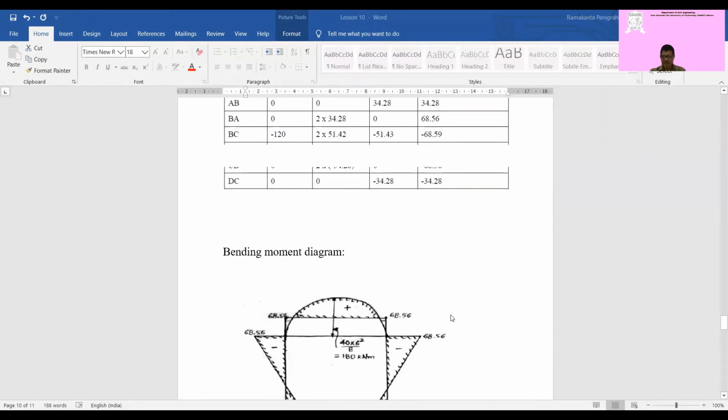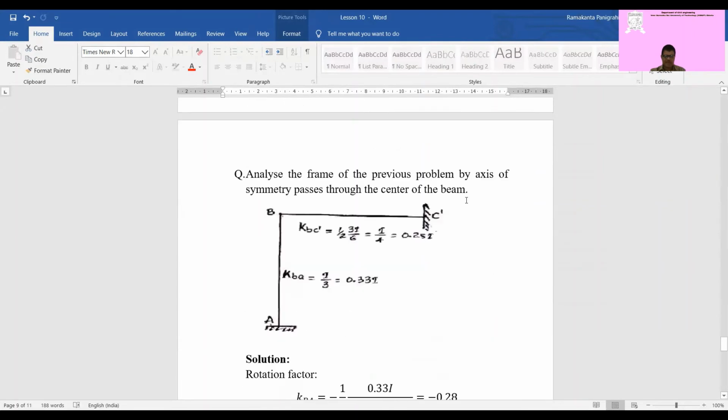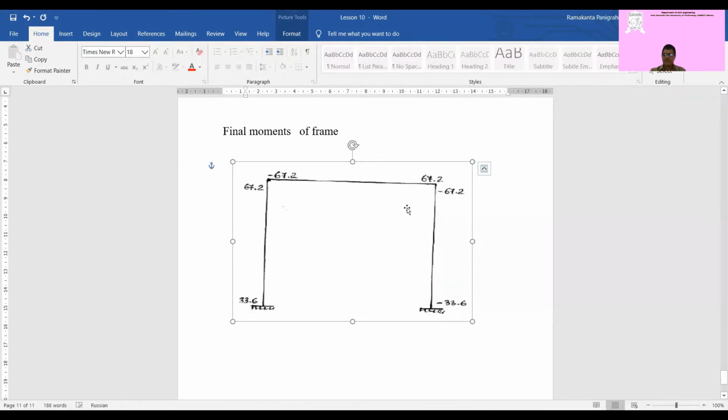You see what final value you have got here. You had got 34.28, 68.56. Now it is coming 33.6, 67.2. So it hardly varies, but it will give you a very quick solution.